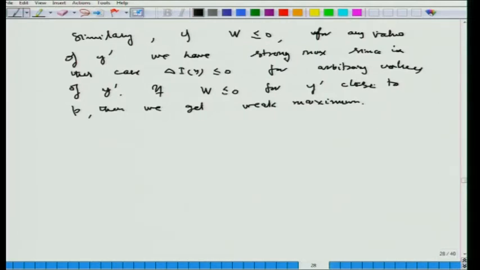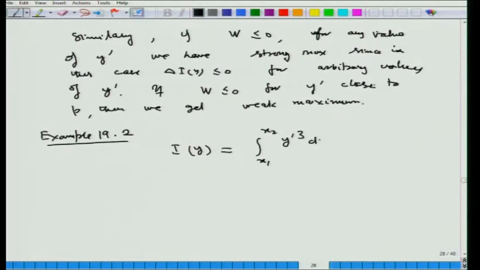So we will consider some examples here. Let us call this 19.2: I(y) equals the integral from x1 to x2 of y prime cube dx. Here y(x1) equals 0, y(x2) equals y2. We assume that y2 is greater than 0 and x1 is less than x2.